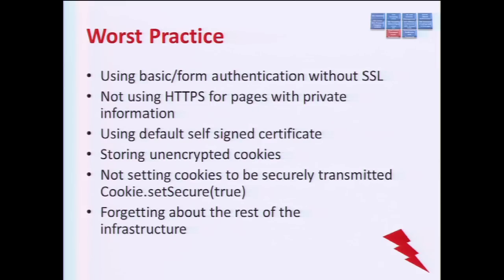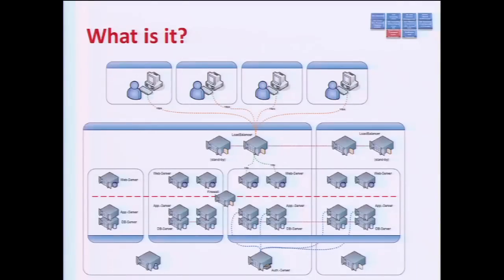If you are storing some cookies, just make sure that you are encrypting the content that you are putting into the cookies. If you have a cookie that is going to be transmitted over an unsecure page, make sure that you have secure true, so that the cookie is going to be transmitted securely while the page is unsecure. Forgetting about the rest of the infrastructure, which I'm going to go back to.